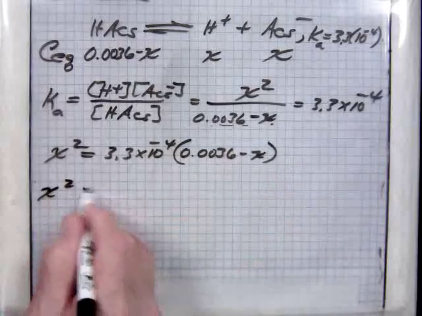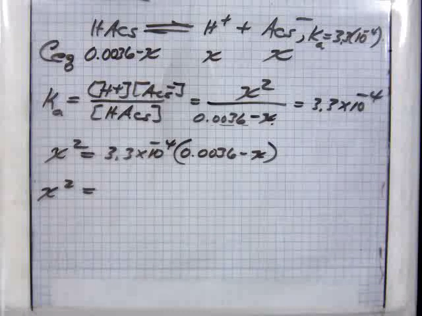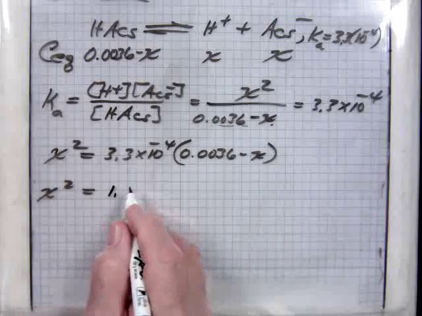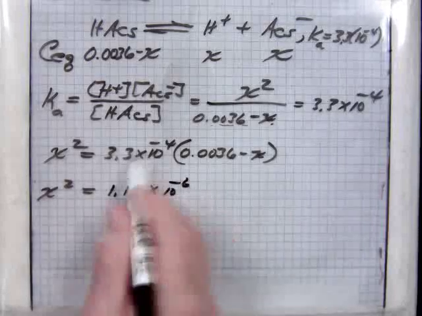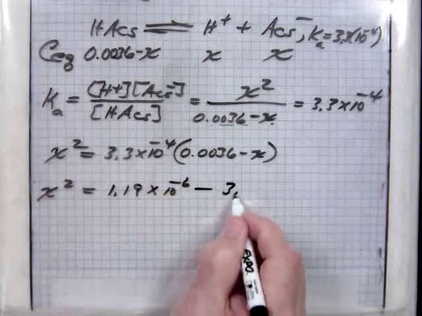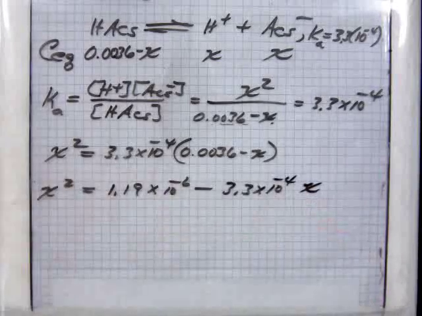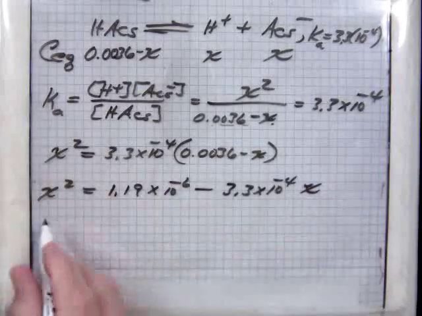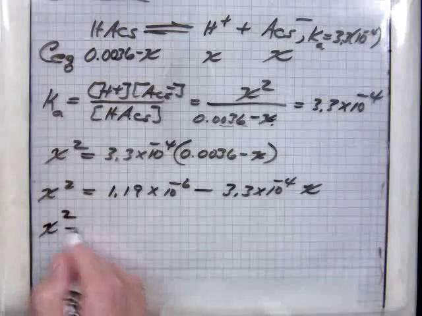I have x squared equals 1.19 times 10 to the minus 6 minus 3.3 times 10 to the minus 4 x. And then I'll set it up as a quadratic equation, the polynomial.